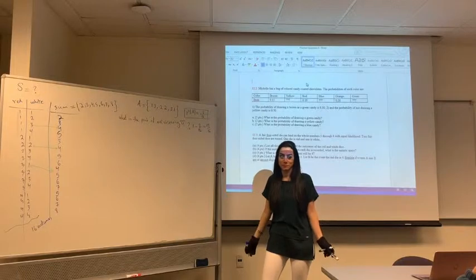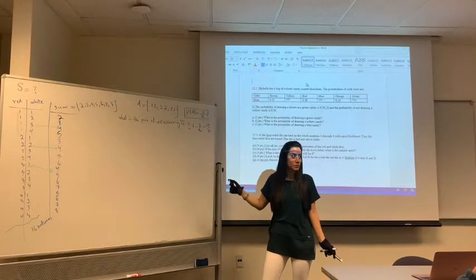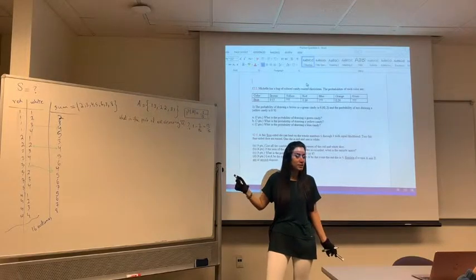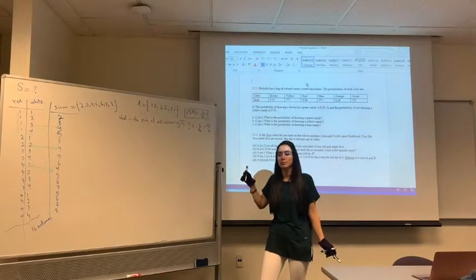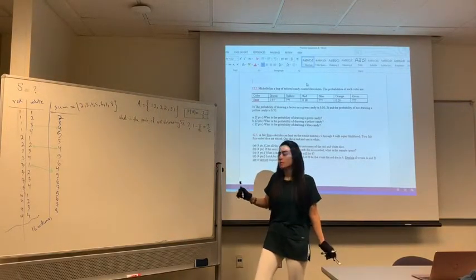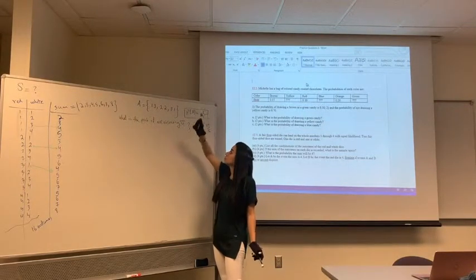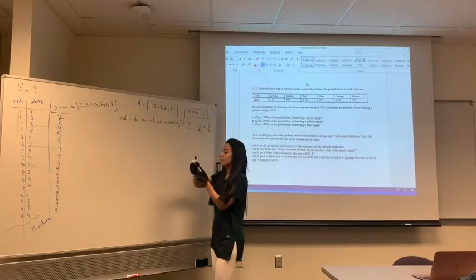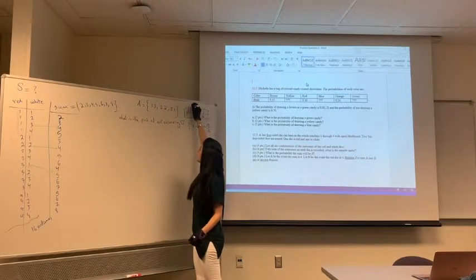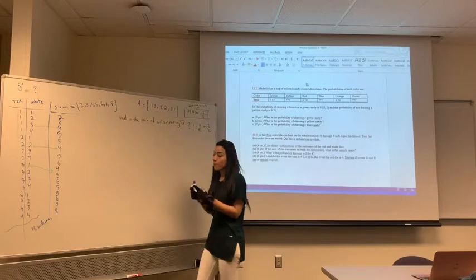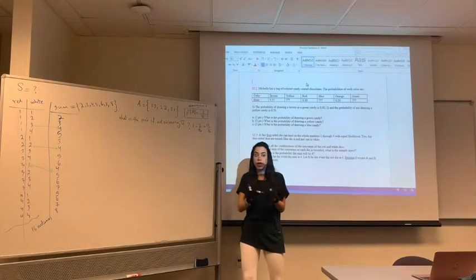Correct? So we use a probability rule: the probability of not observing an event is equal to 1 minus the probability of observing that event, right? The probability of not observing summation 4 is equal to 1 minus the probability of observing summation 4. Correct?